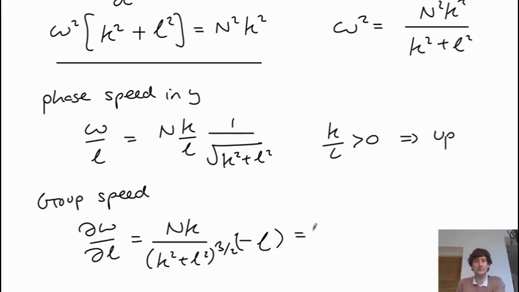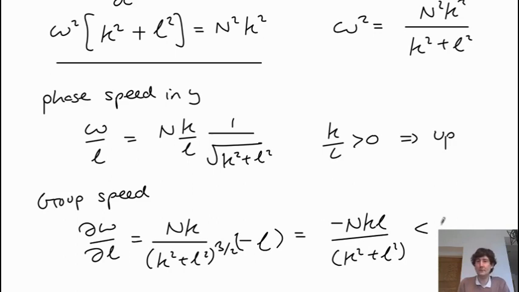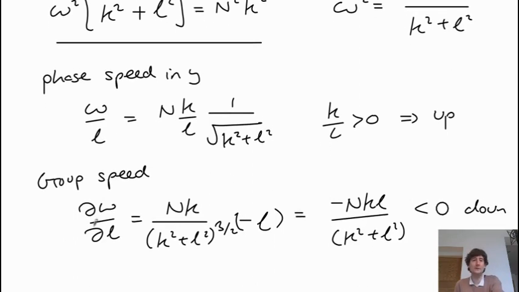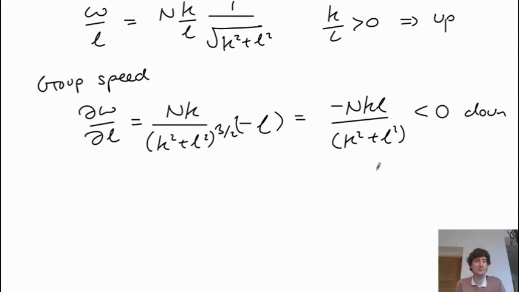And so this is just equal to minus N k l over k squared plus l squared. And if these have the same sign, then this is less than 0, so this is going down. So the waves are going one direction, and the group of waves are going the opposite direction.